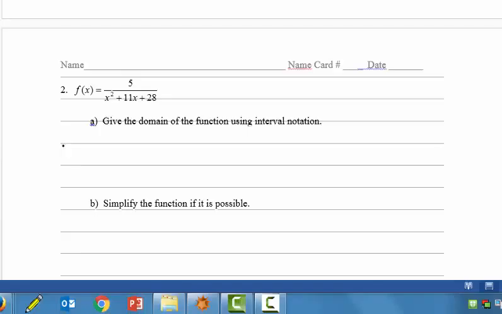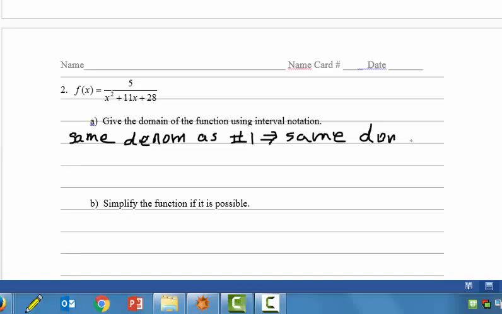Now, since this denominator is the same as the denominator of problem 1, so when the denominators are the same, then the domain is going to be the same. So we don't have to do any additional work to find the domain than what we've already done.